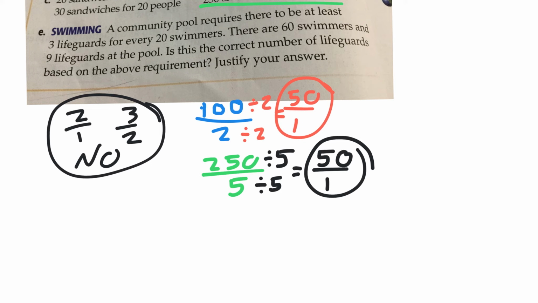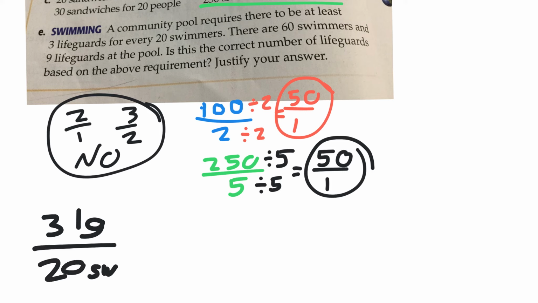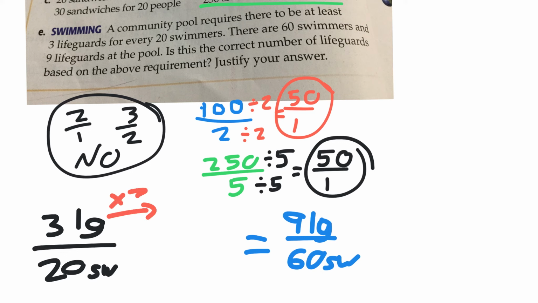So you said 3 lifeguards for every 20 swimmers, and we want to know, is this the same as 9 lifeguards for 60 swimmers? To get from 3 to 9, you multiply by 3. If I multiplied by 3 down here too, that would give me 60. So you got them both being written as 9 over 60. So they're equivalent, they work.